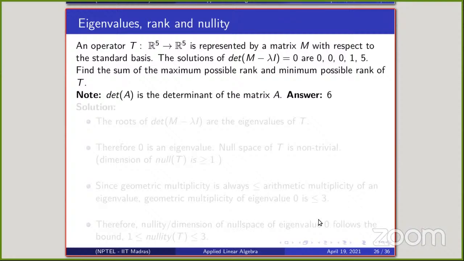We are asked to find the sum of the maximum possible rank and minimum possible rank of the operator T. The roots of the characteristic equation are nothing but the eigenvalues of the matrix M or the operator T. So the eigenvalues are 0 three times, 1 and 5.